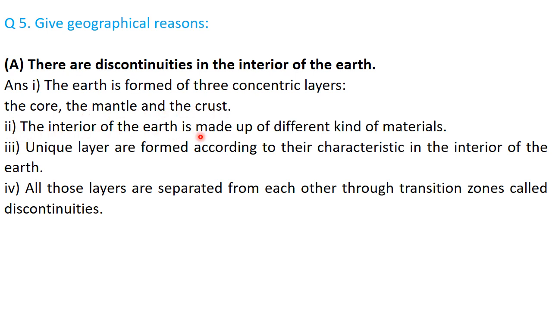The interior of the Earth is made up of different kinds of materials. Point number 3. Unique layers are formed according to their characteristic in the interior of the Earth. All those layers are separated from each other through transition zones called discontinuities.